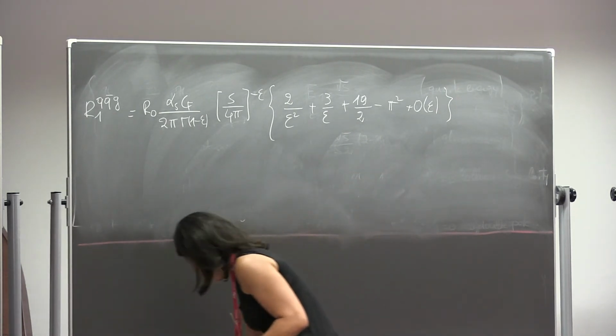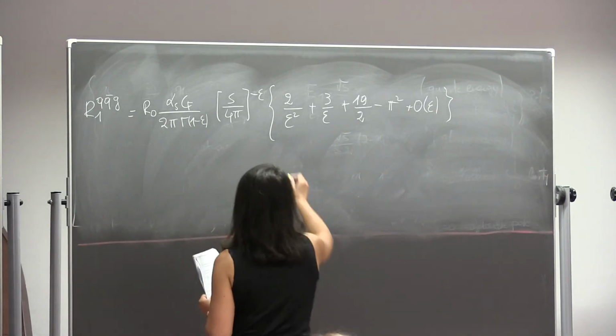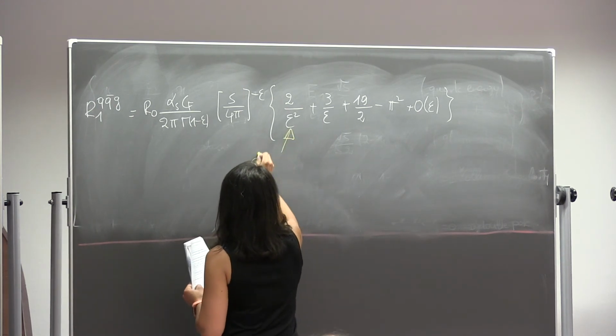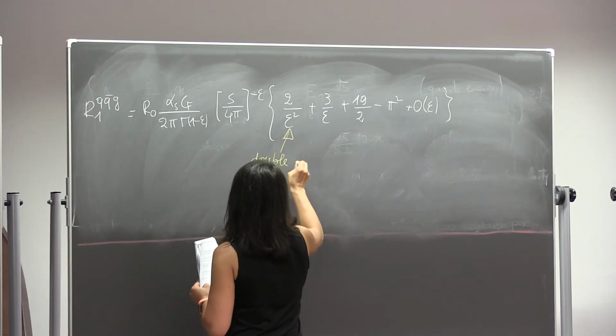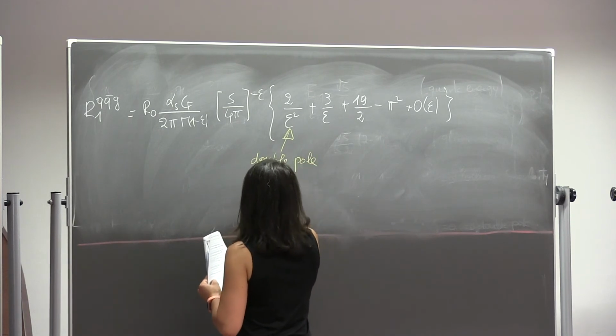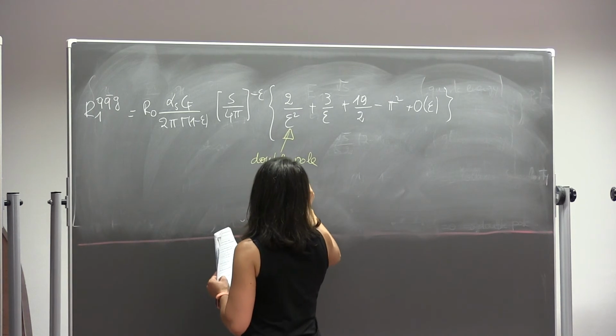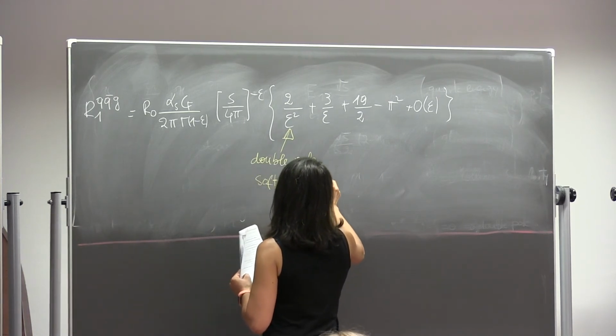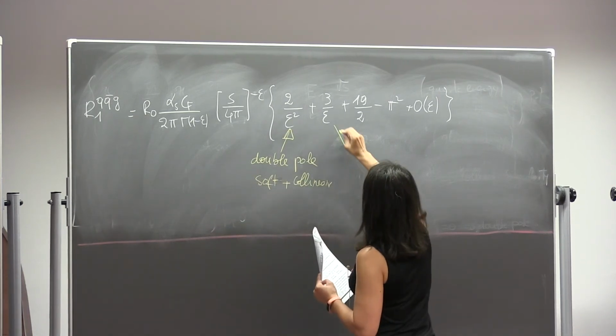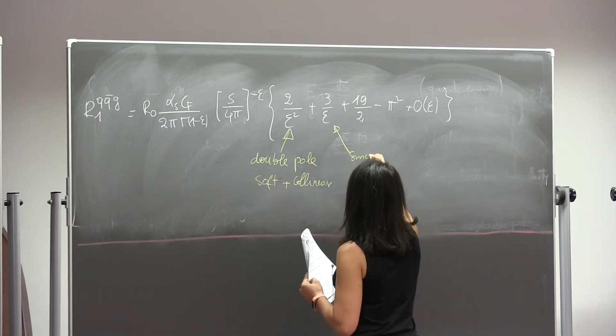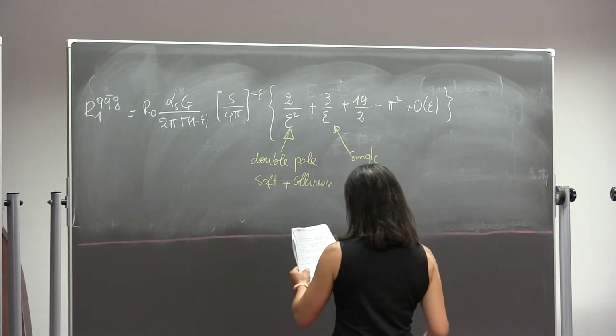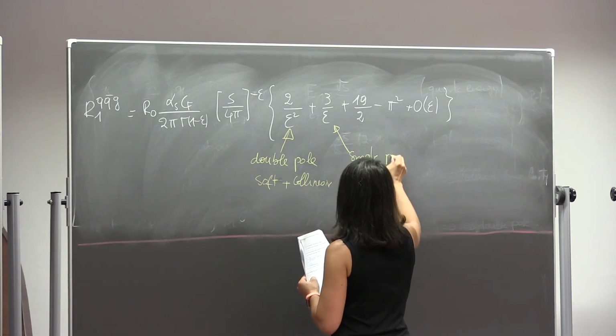So you see now explicitly, once you do these x integrals, you see the double pole, which is soft plus collinear, and you see a single pole, which is soft or collinear.